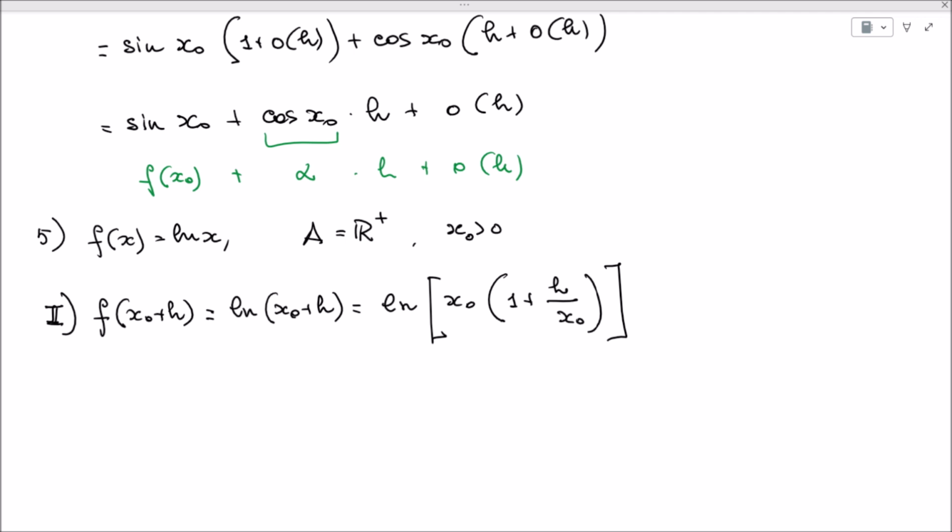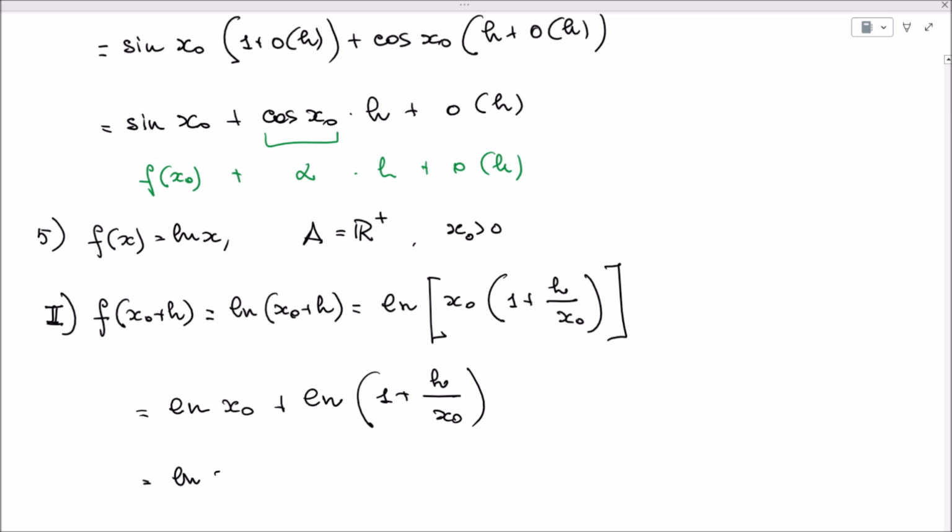We can now apply the properties of the logarithm. We can rewrite this as the logarithm of x naught plus the logarithm of 1 plus h divided by x naught. But remember that we are in the context of very small h, because h is something that goes to 0. So we can now use the expansion of the logarithm as follows.